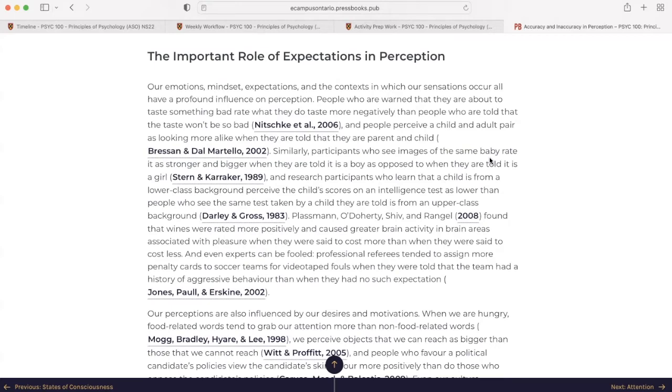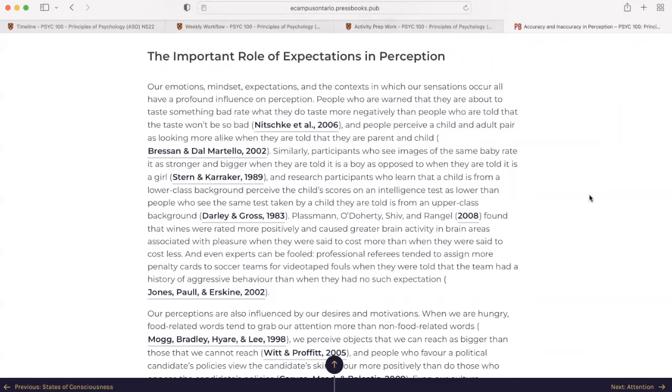And people perceive a child and adult pair as looking more alike when they are told that they are parent and child. Similarly, participants who see images of the same baby rate it as stronger and bigger when they are told it is a boy, as opposed to when they're told it's a girl.